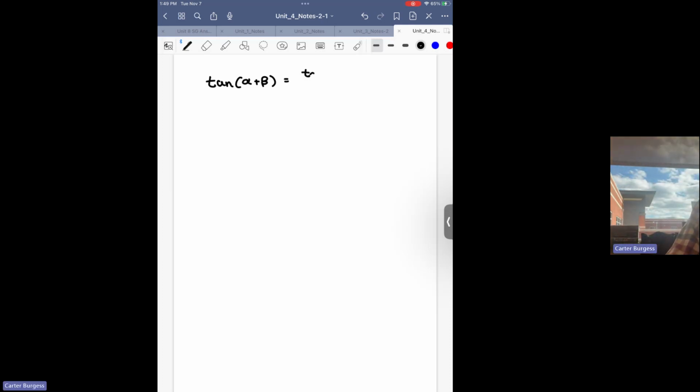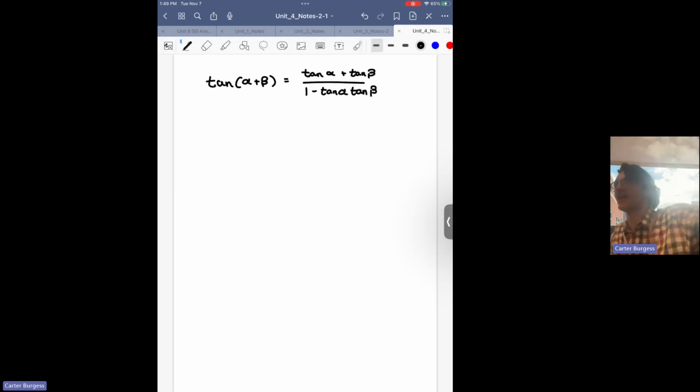This is going to be tangent of alpha plus tangent of beta divided by 1 minus tangent of alpha tangent of beta. Notice in my numerator, the plus, because I'm doing the sum, stayed a plus, but in my denominator, the plus turned into a minus.